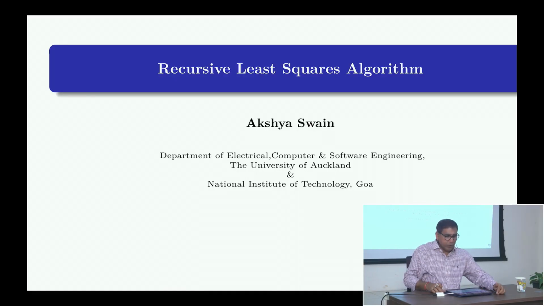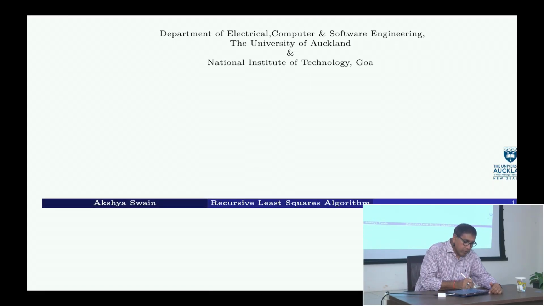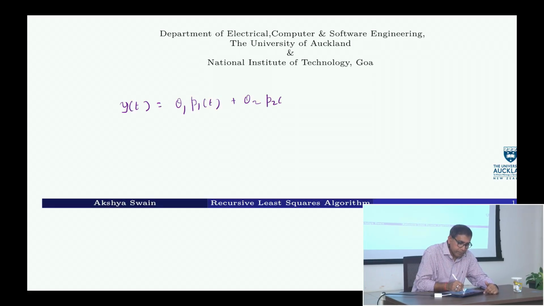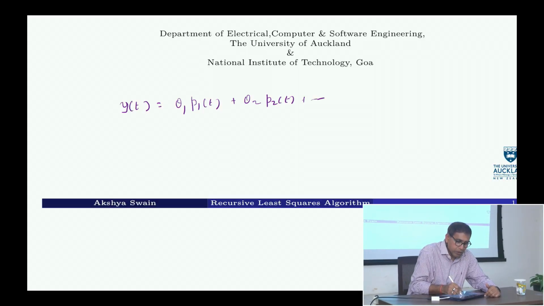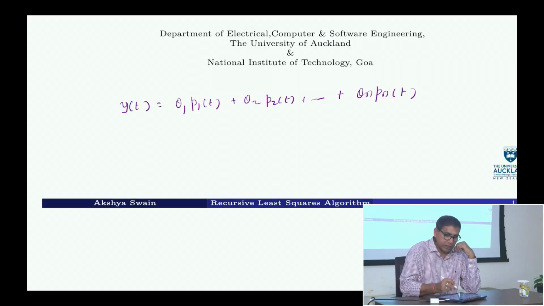See here, normally, suppose I assume a model theta 1 P1t plus theta 2 P2t plus theta n Pnt plus epsilon t.